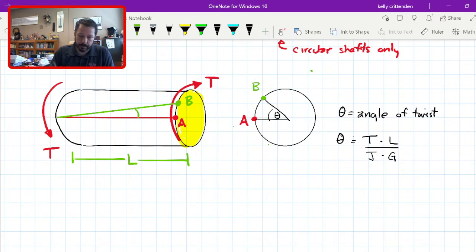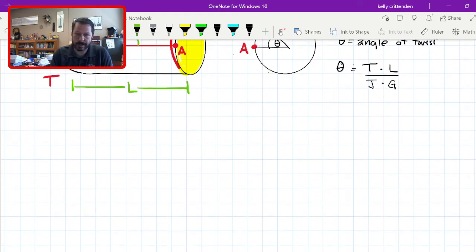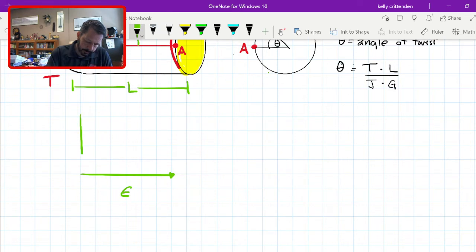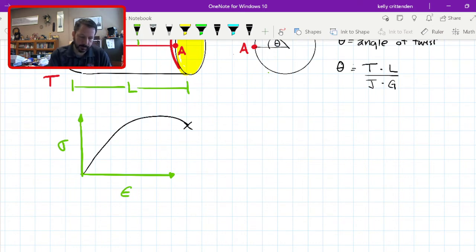So remember, way back at the beginning, we created some graphs where we had strain and we had stress, sigma, and we put a graph kind of like this on there. And we said that this little region is linear, and the slope of that straight line is the modulus of elasticity. We also use Hooke's law to relate stress to strain through the modulus of elasticity in that linear region.